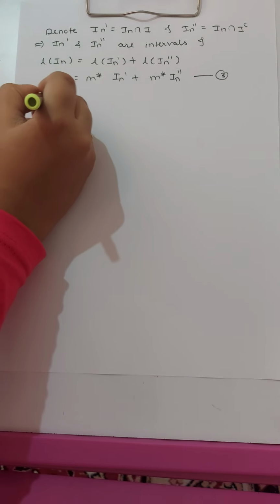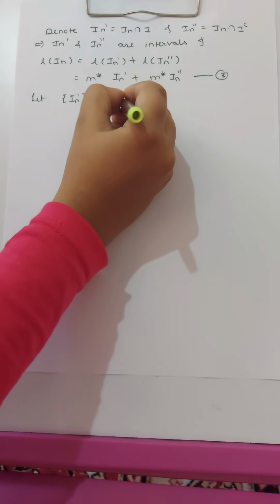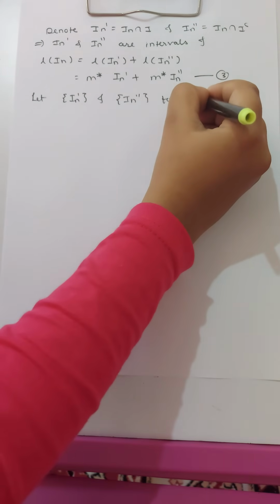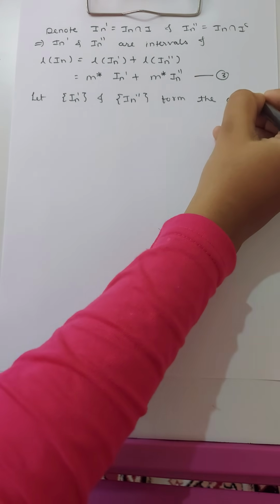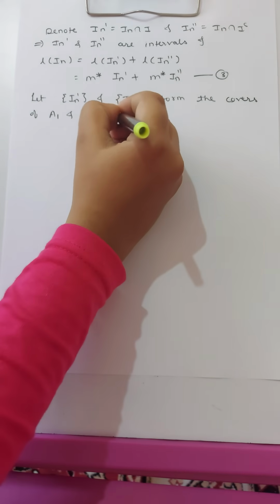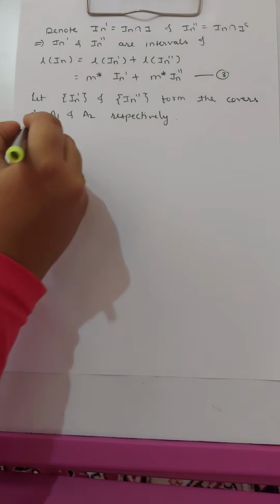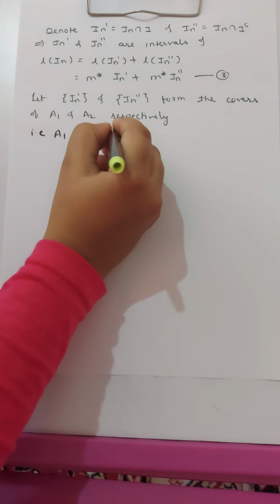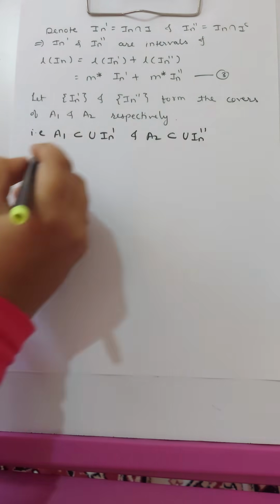Now let In dash and In double dash form the covers for A1 and A2 respectively. So that is A1 is a subset of union of In dash and A2 is a subset of union of In double dash.